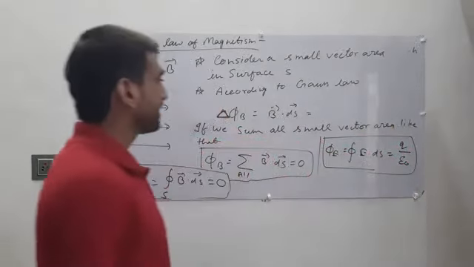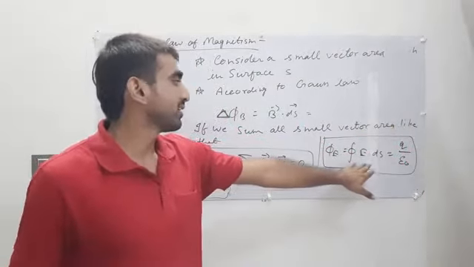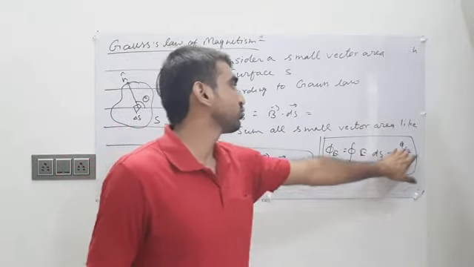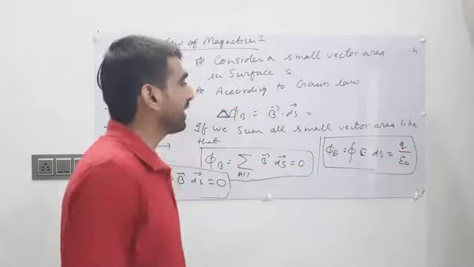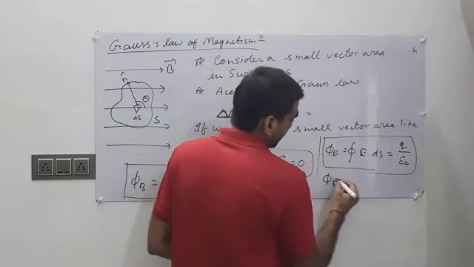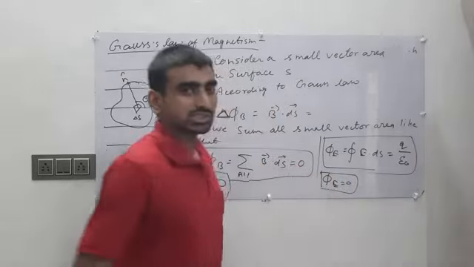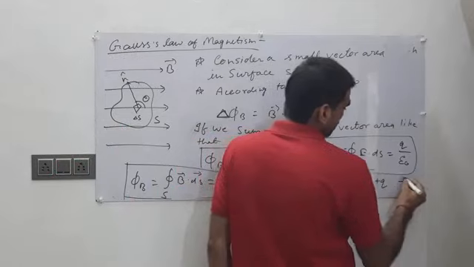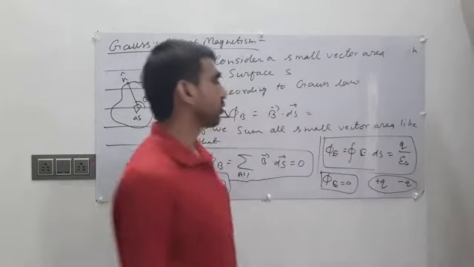Because in electrostatics the electric flux through a closed surface is q by epsilon naught, and it will be 0 when there are opposite charges, plus q and minus q, inside the closed surface.